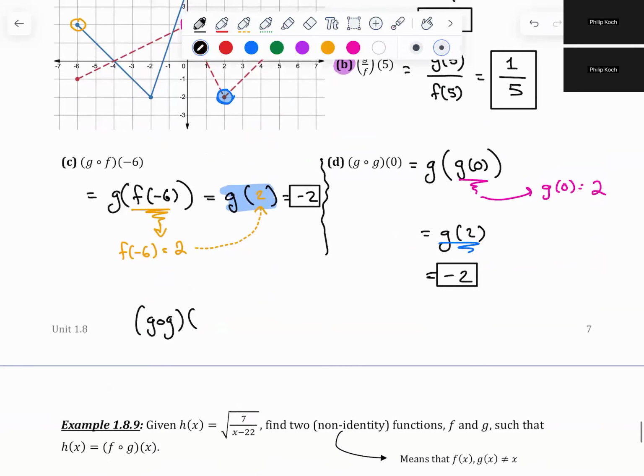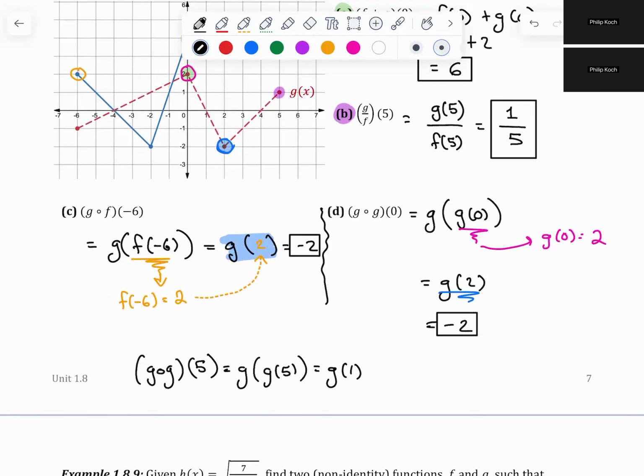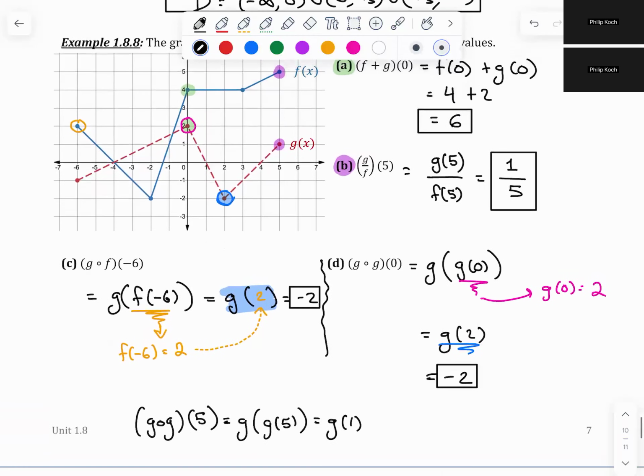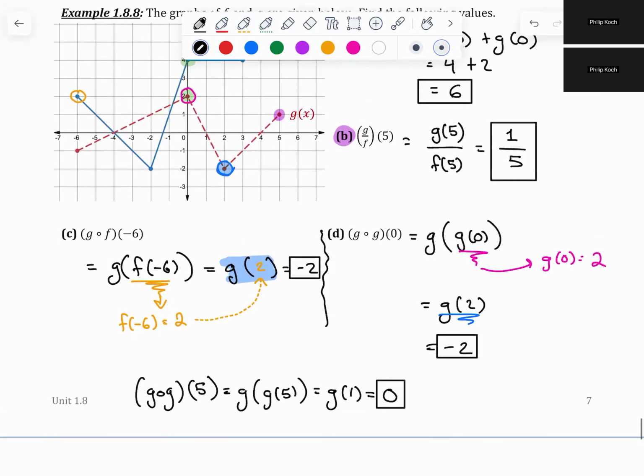But G composed G of 5. That'll be G of 5, right? And G of 5 is equal to 1. So this is G of 1. Oh, no, it's actually going to be fine. That's going to be 0. Never mind. There are some situations. Let's see here.